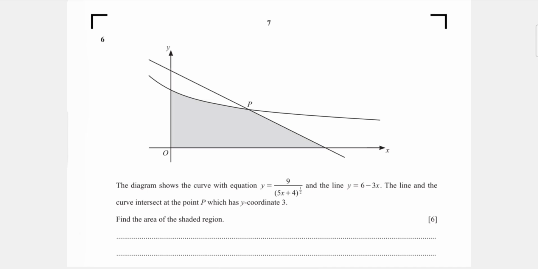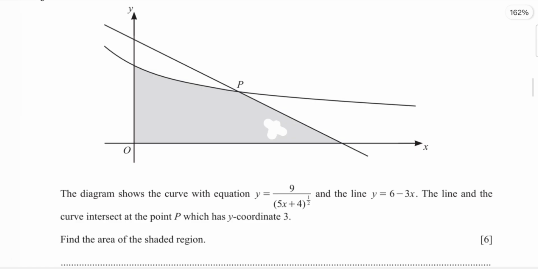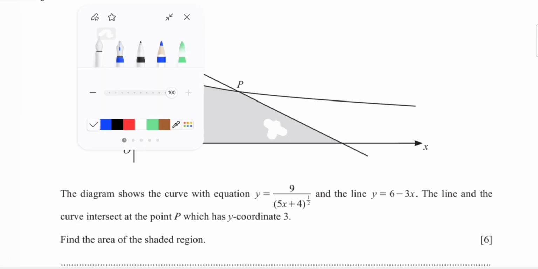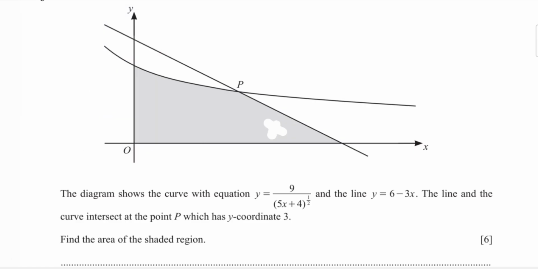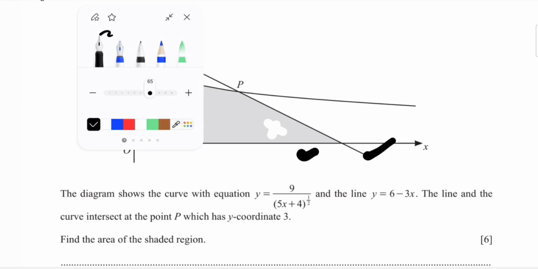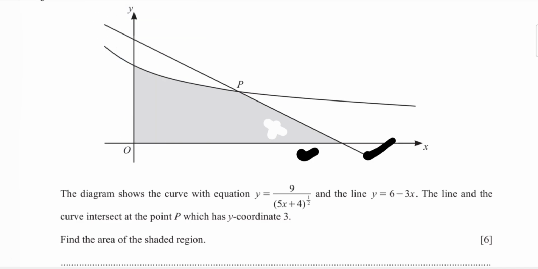So just by looking at this, I can say that we cannot directly calculate the area using integration, since we have this part of the shaded region which is in between this line and the x-axis and not the curve. So we cannot just integrate the curve and get the area then.